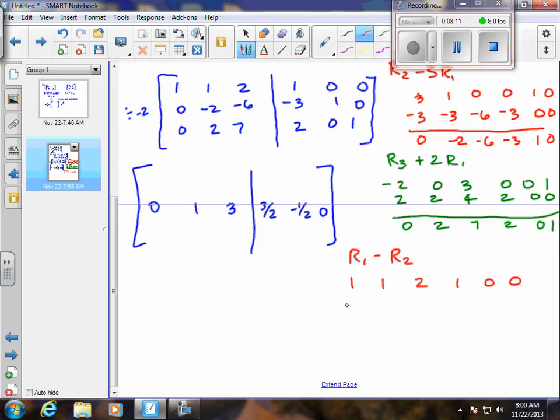So 0 times negative 1, 1 times negative 1, 3 times negative 1. Just go through and change all of those signs. 1, 0, negative 1. 1 is 2 halves, so that will be negative 1 half, 1 half, 0. And now that's my new top row.